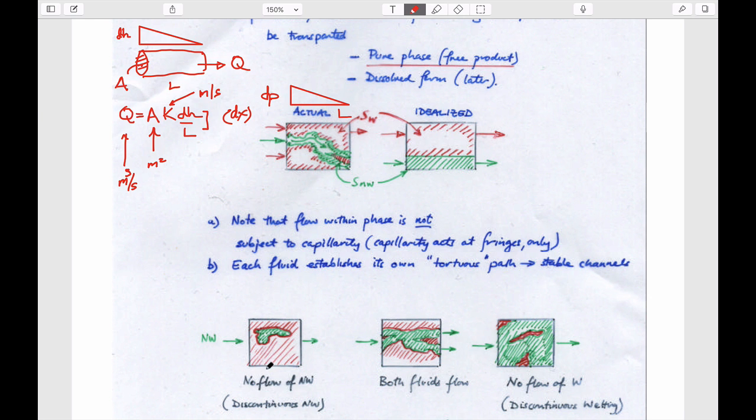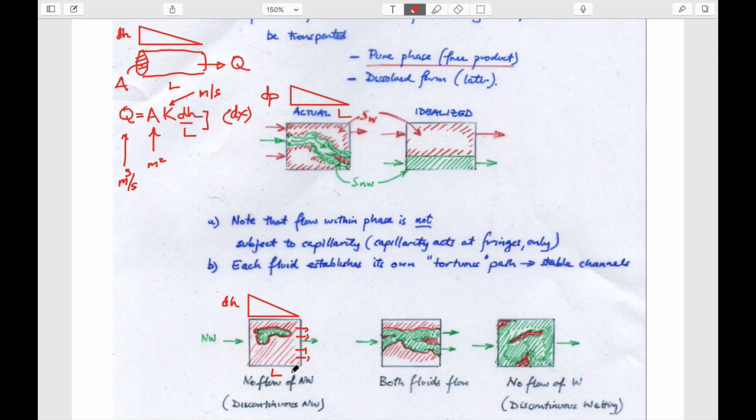Sticking with the non-wetting fluid as being the green one, if you applied a gradient from the upstream to the downstream, either as a head over a length or a pressure, it doesn't really matter, then you can imagine that all that you'd get coming out of this downstream portion would be the red fluid in this current configuration, right?